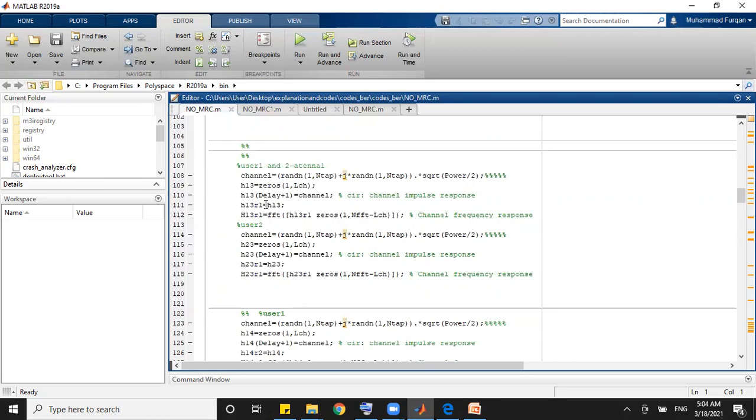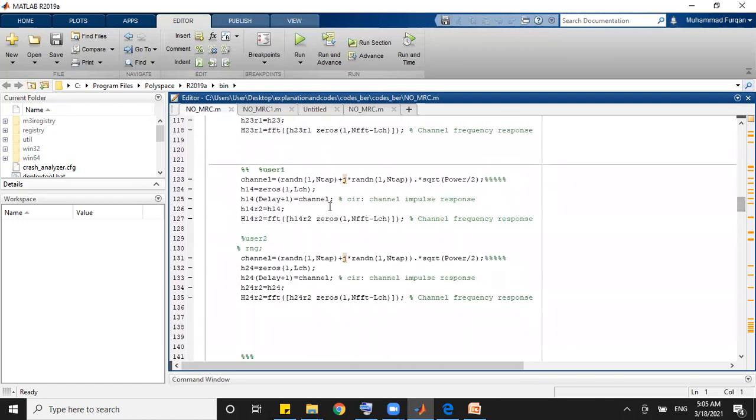Similarly, for antenna 3 and user 1, antenna 3 and user 2. This is for base station 2, for antenna 4 and user 1, and antenna 4 and user 2. So these are the channels between the users and the antennas.